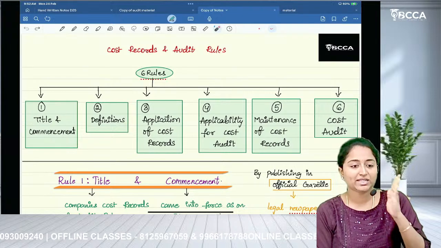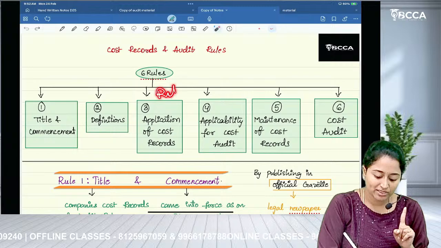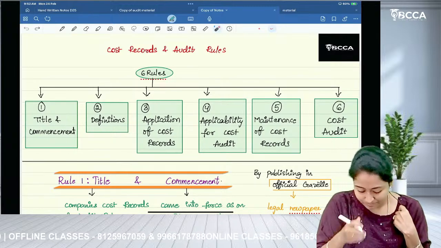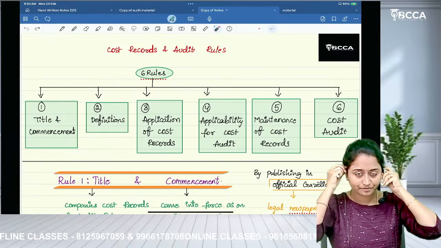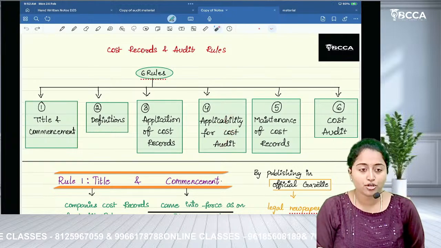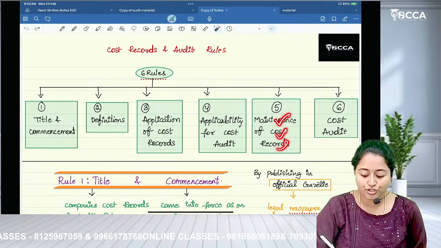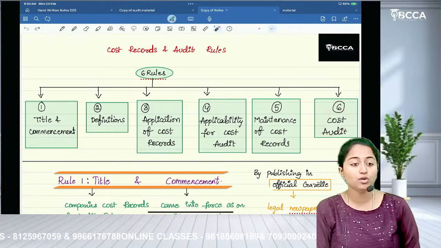Now, for which sectors or industries cost records are applicable? That is given under Rule 3. Now, the applicability of cost audit is given under Rule 4. Maintenance of cost records is given under Rule 5 and cost audit is given under Rule 6.